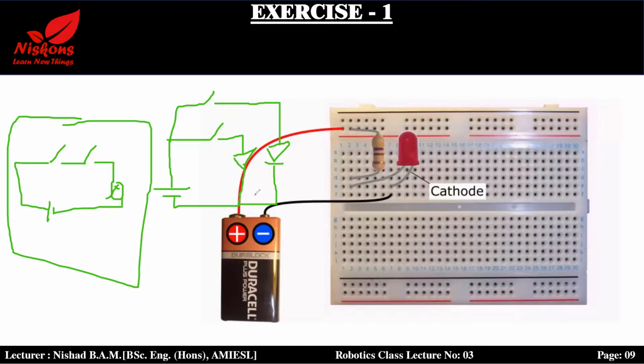Likewise, you can create several projects. What will happen is simple. If we turn on this switch, the red LED will be turned on. If we tap this switch, the blue LED will be turned on. So please work on this example and do these things.